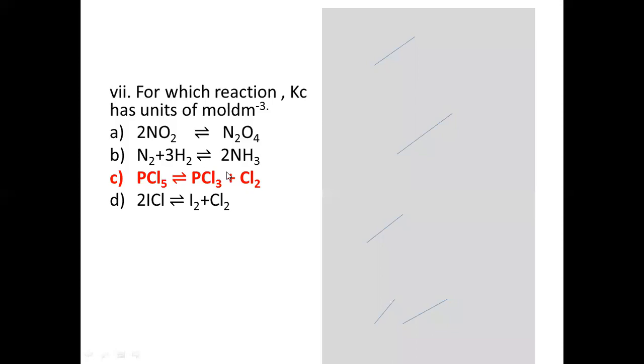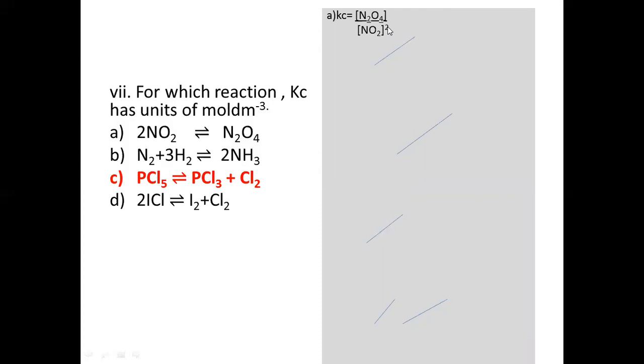The first one is 2 moles of nitrogen dioxide reacting together to form 1 mole of nitrogen tetraoxide. So we write the product in the numerator and the reactants in the denominator. As there are 2 moles of nitrogen dioxide, the coefficient is 2. That coefficient we write as an exponent or power.